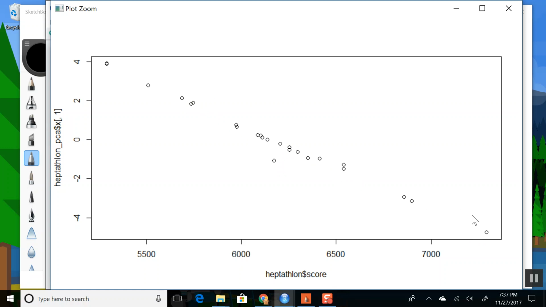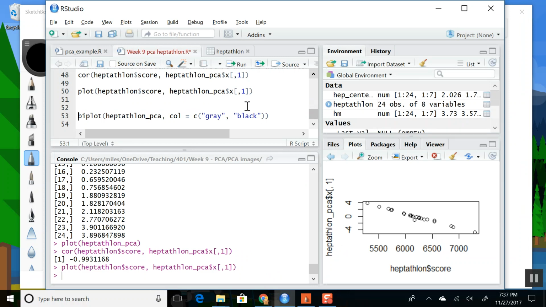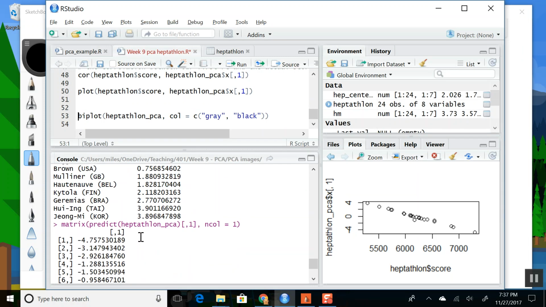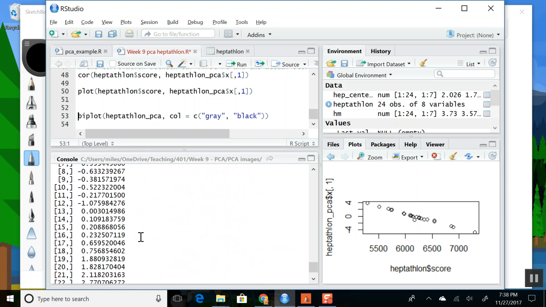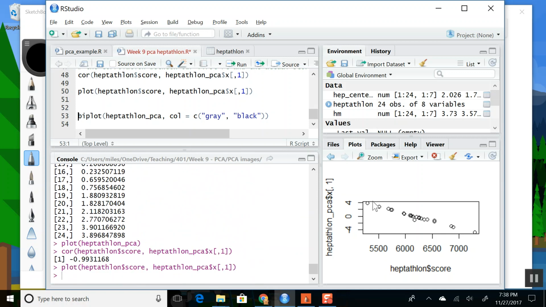I don't know what they've done. They have a committee to determine how to weight the scores. But we are just trying to preserve the most amount of variance in our data.